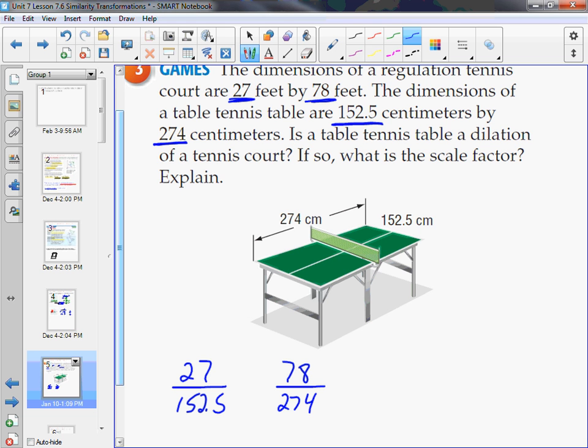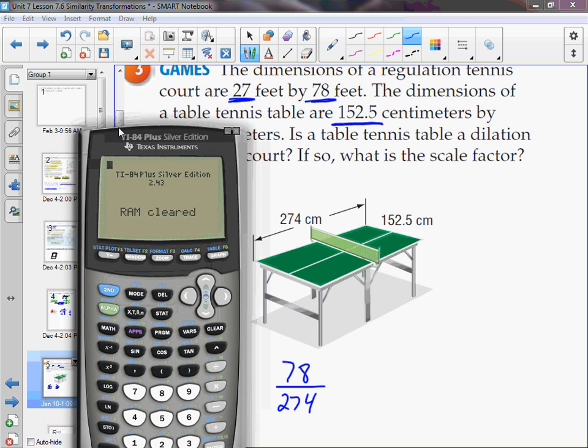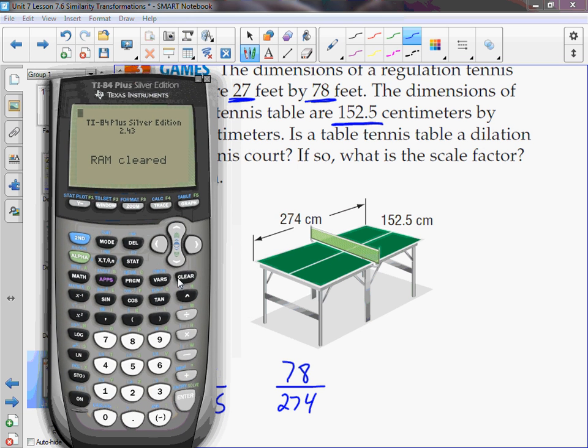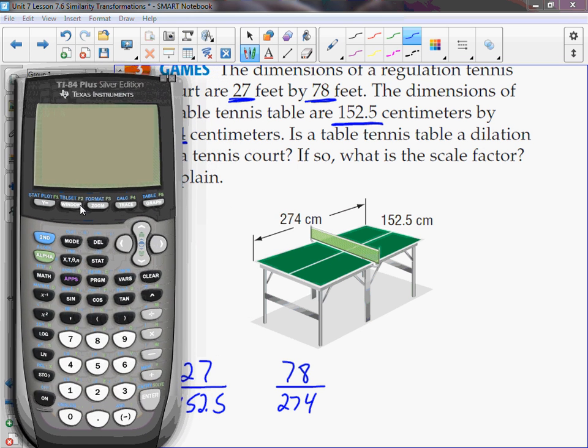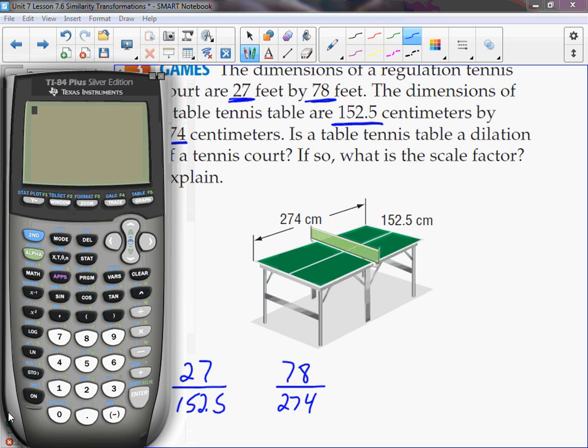Well, let's get a calculator out and decide. So let me open up the calculator. Okay, so if I take the one on the left, if I take 27 divided by 152.5, math, fraction, enter, I get that as a fraction.